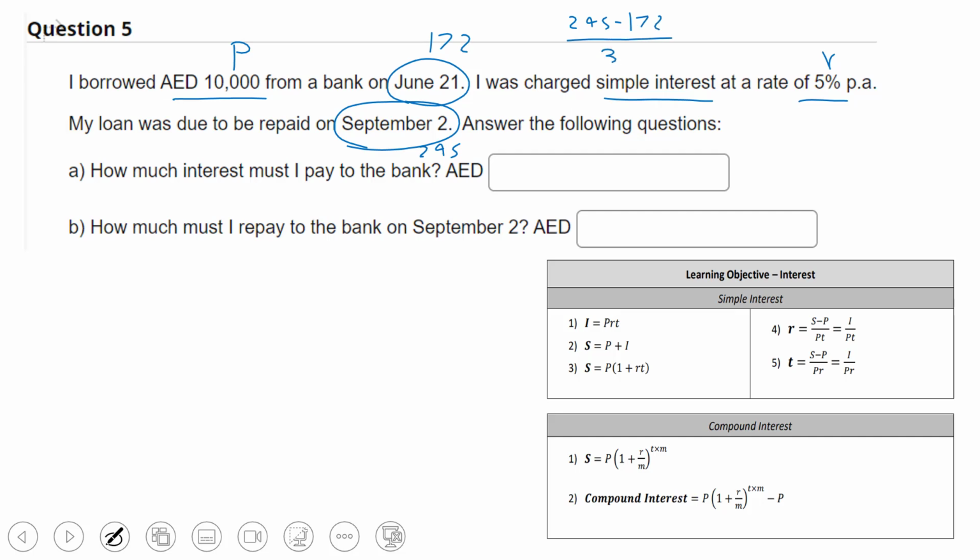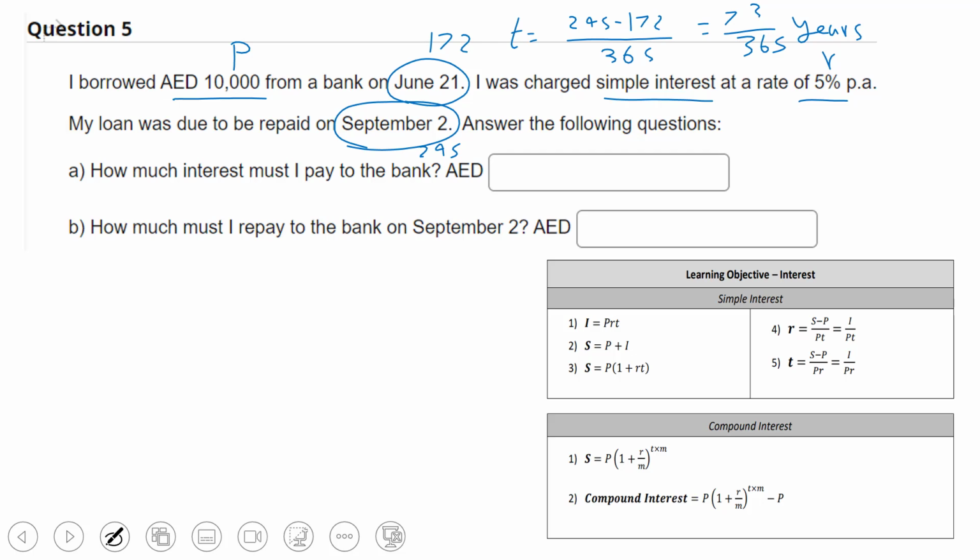So you have to divide it by 365, right? Okay, that's good. So you have 73 over 365. So this is T in years, must be in years. I got the number, how many days, and I divided by 365. So I have T, I have P right now, and I have R.